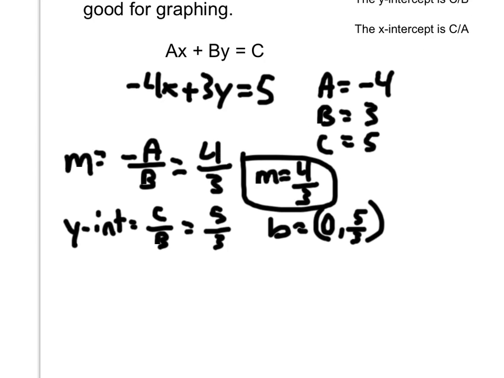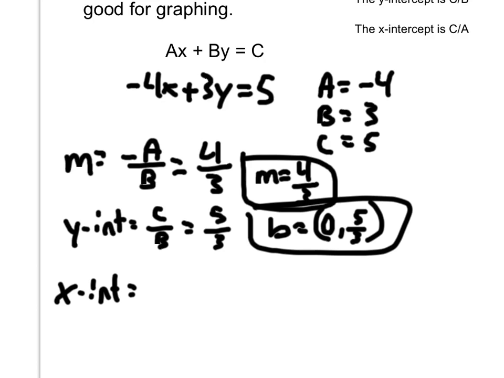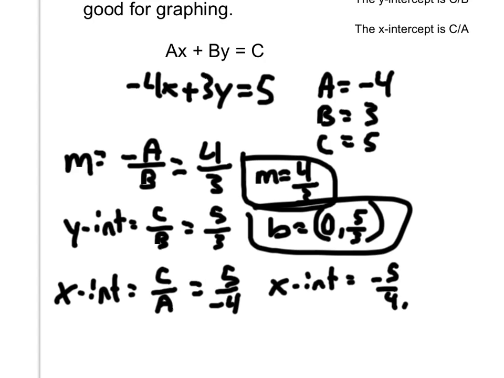And then my x-intercept is c over a. So my x-intercept is 5 over negative 4. So the x-intercept is (negative 5/4, 0).